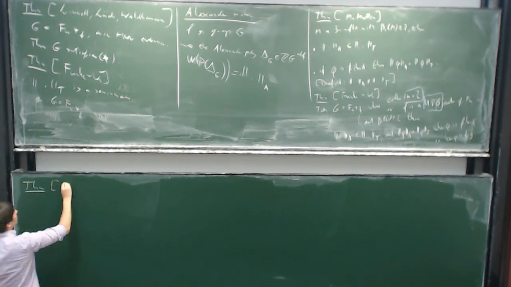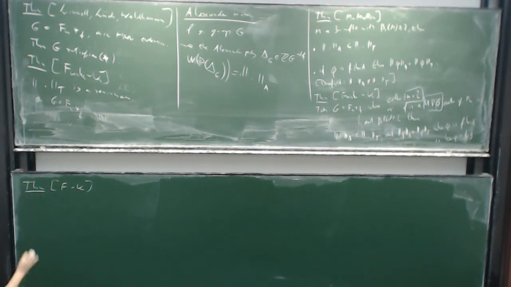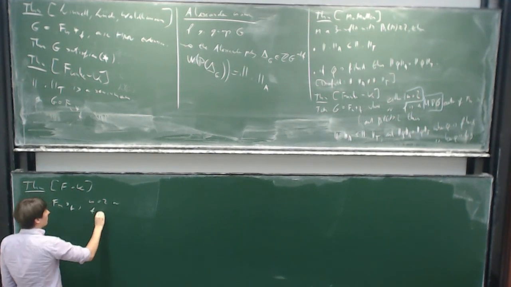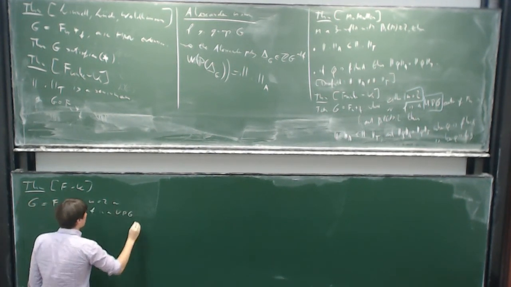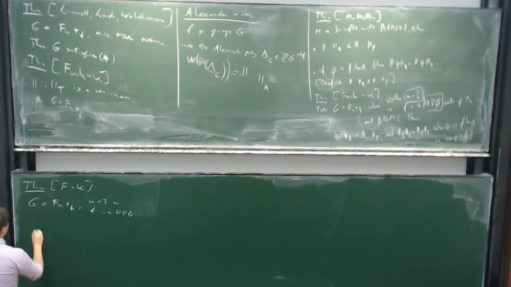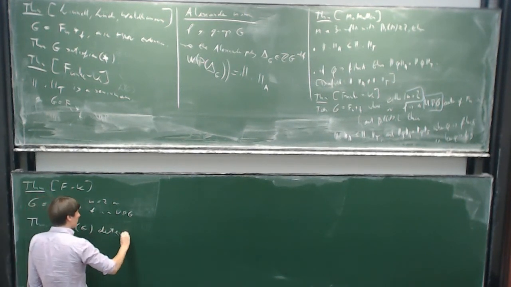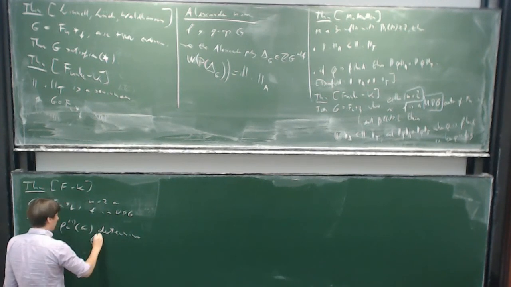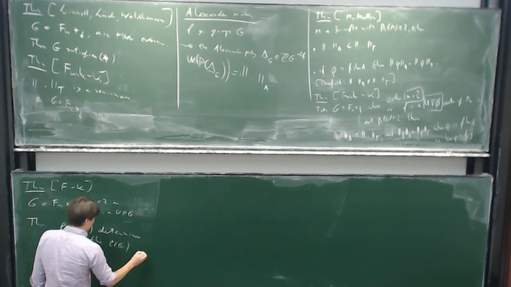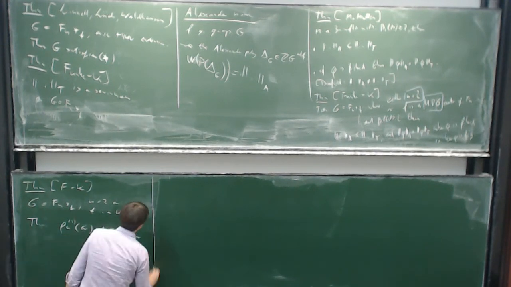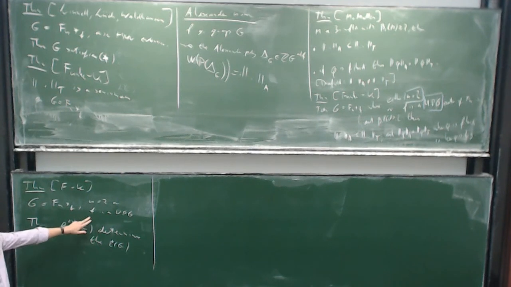So again, this is Florian and myself. The setup is the same, so G is F_n by f, where either n is 2 or f is UPG. We'll get there. Then the universal L2 torsion of G determines the BNS invariants. Now, okay, this is as vague a theorem as you will ever see, right? What does determine mean? So I will explain it in detail for the UPG case.